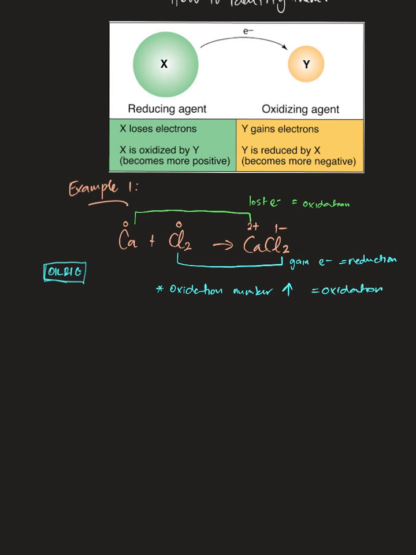So it's a nice way or cheat of how we look at things. If the oxidation number goes downwards, then I've got reduction. So that's a nice way of looking at it when you are working with this sort of thing.